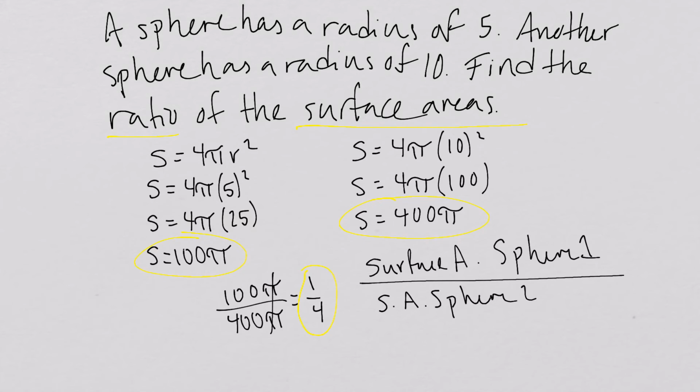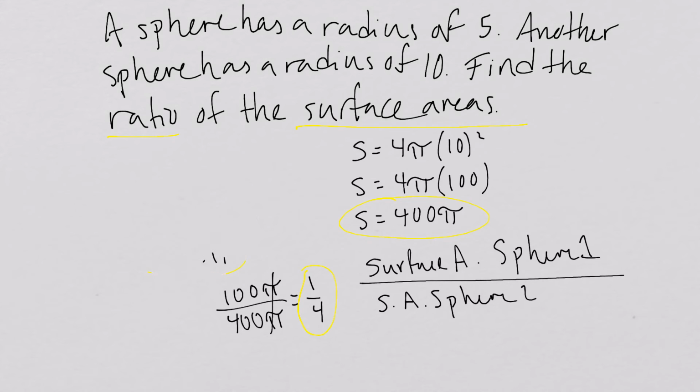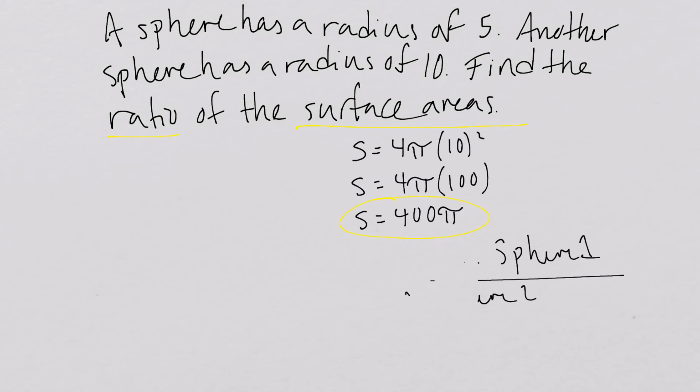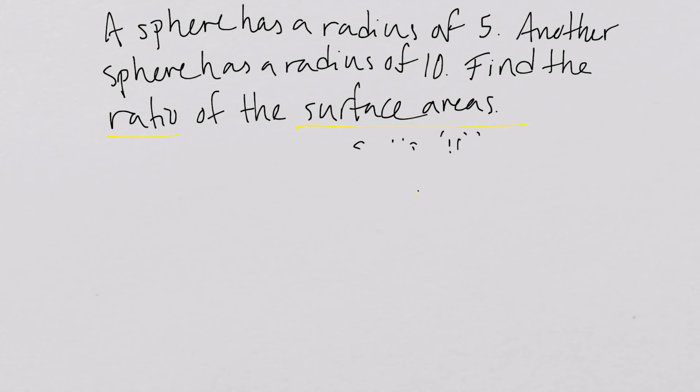The answer is yes. You could have predicted that by using our scale factors. If the radius of the first sphere is 5 and the radius of the second sphere is 10, then what I did to the radius is I multiplied the radius times 2, right?